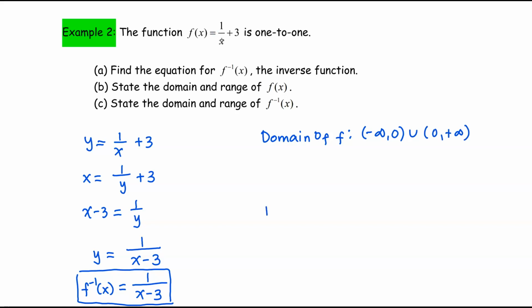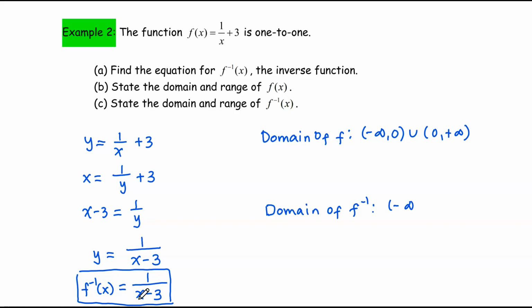Now, to get the range, we'll have to first get the domain of the inverse. The value of x that will make the inverse function undefined is x equals 3.